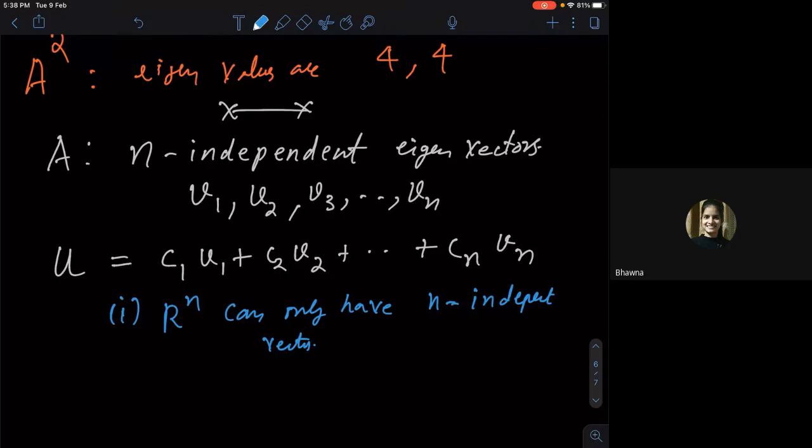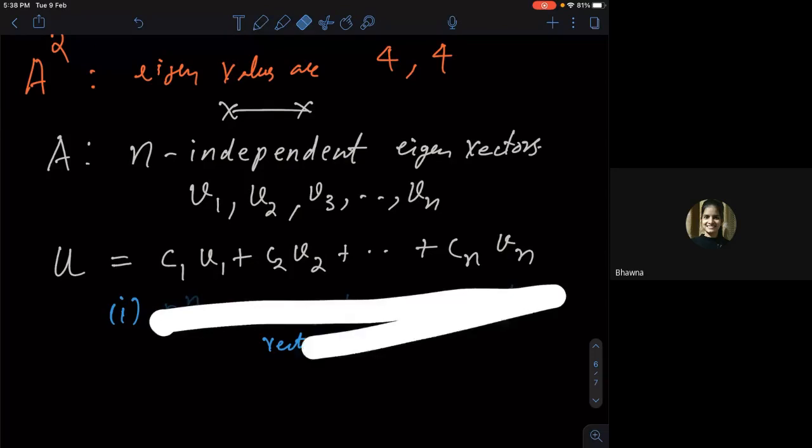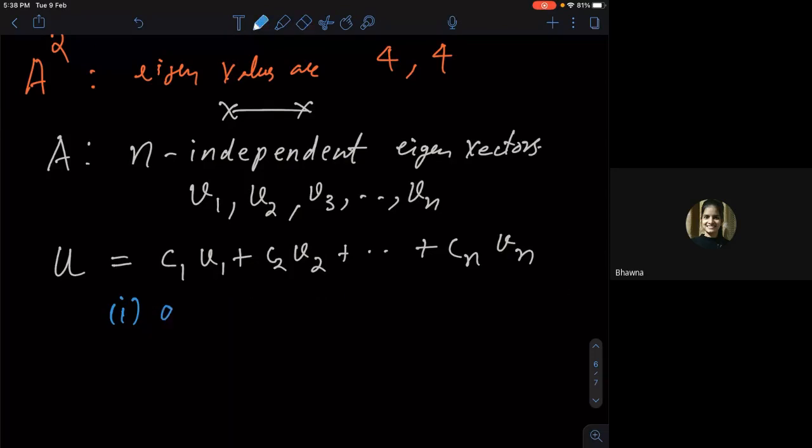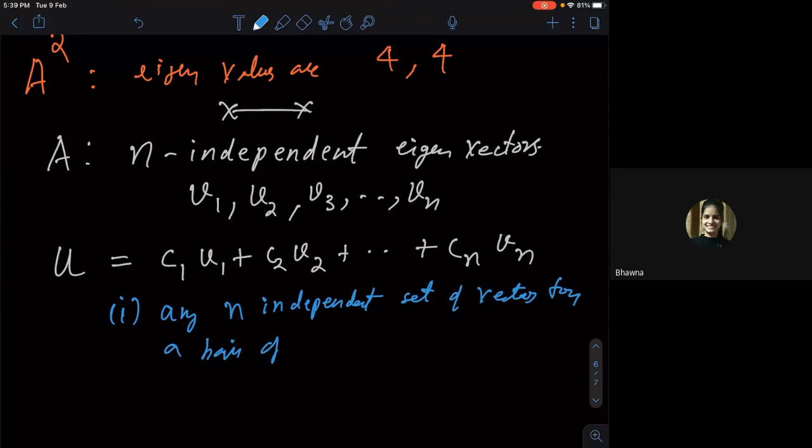Okay, so let me rewrite this. Any n independent set of vectors form a basis for Rn. Right.